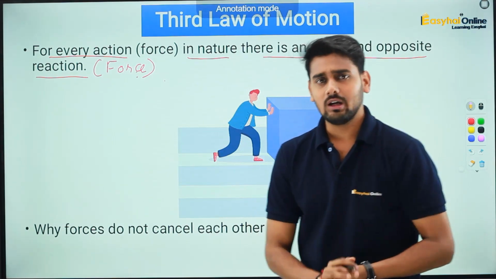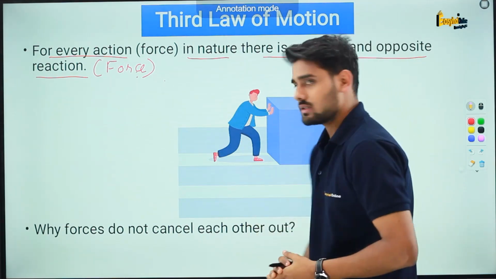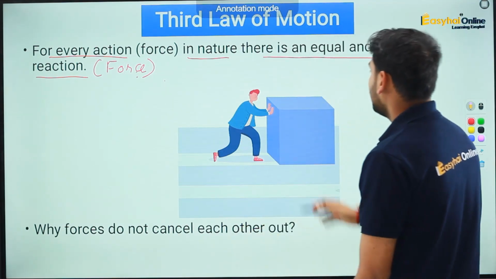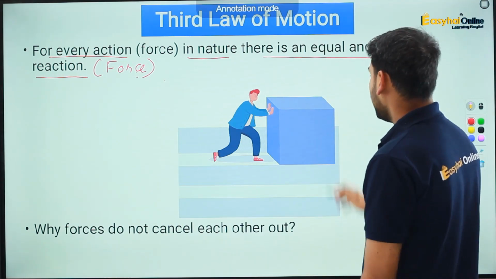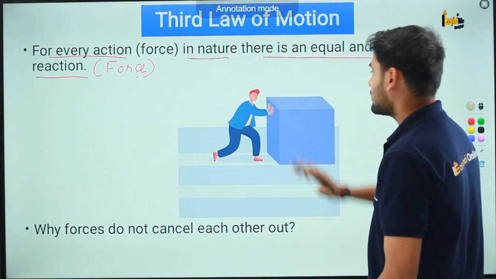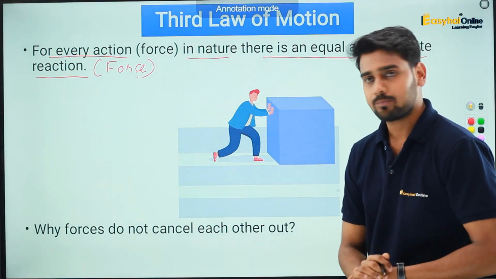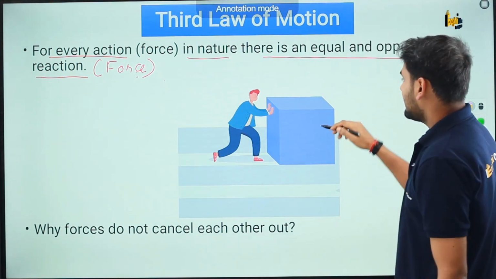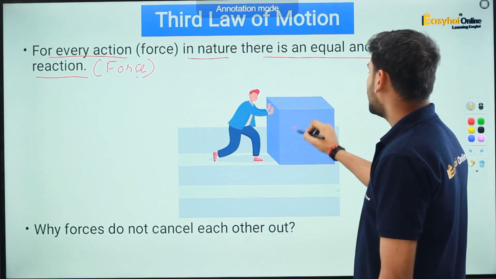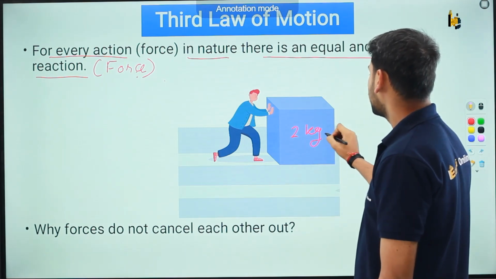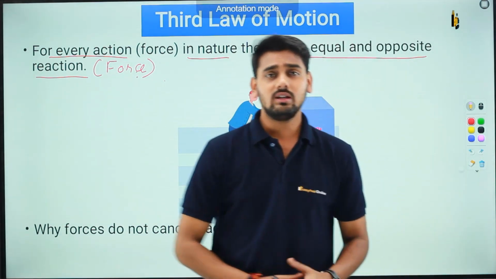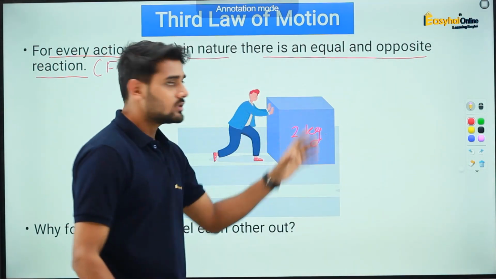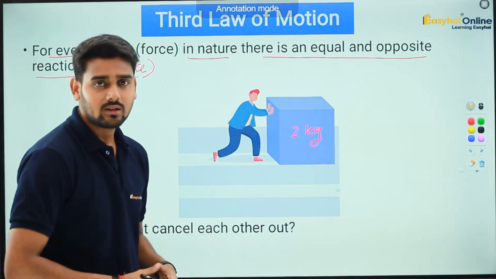We'll deal with that, but first let us try to understand this. Here this is a box, and on this box this man is pushing. Let's say this box is maybe 2 kgs. It will be very easy for the boy to move this box; it's not that difficult.